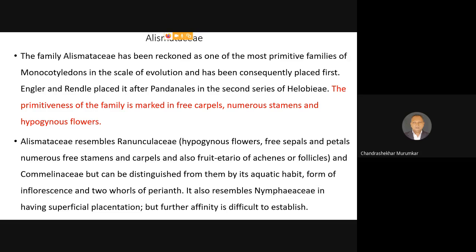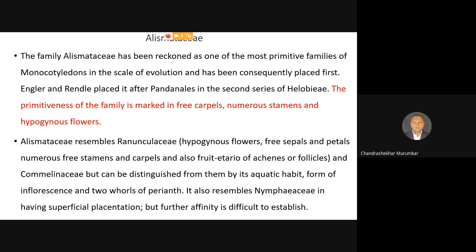So Engler and Prantl, as well as Rendle, they place this family in Pandanus. So obviously, when we are discussing the Pandanus group, we have discussed the family Casuarinaceae, in relationship with the unisexual series from the Amentiferae group.